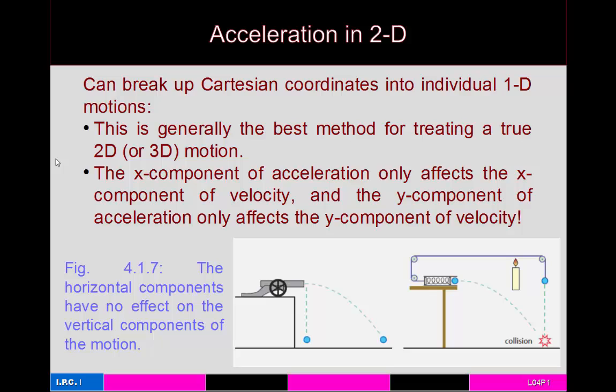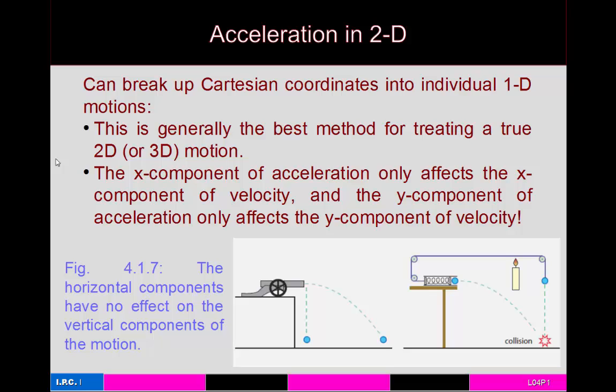So what all of this means is if you break up the motion into its Cartesian coordinates, then each Cartesian direction, or each cardinal direction, can be used to represent an individual motion, basically that is in one dimension.